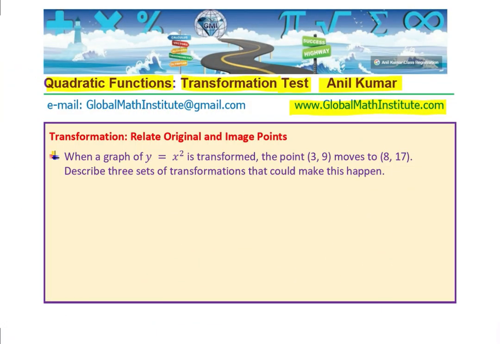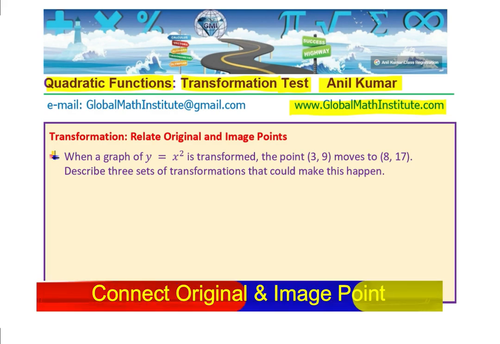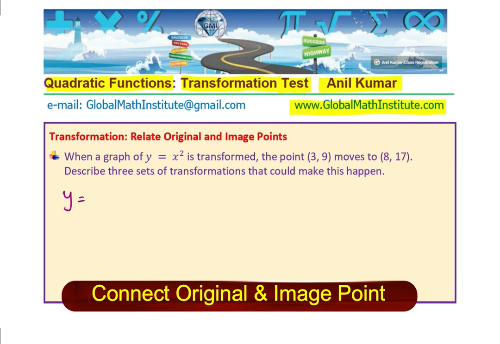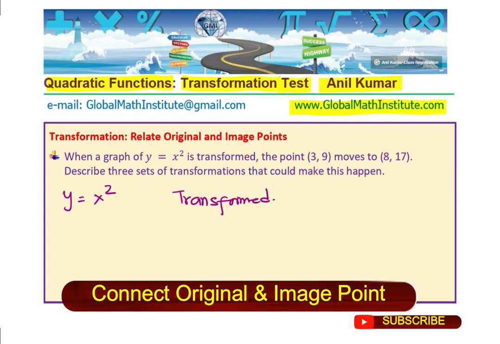Now before we get into the details of answering this question, let us understand the concept of transformation. We are talking about y equals x squared. And when we say a transformed function, how will that look? Let's write that.